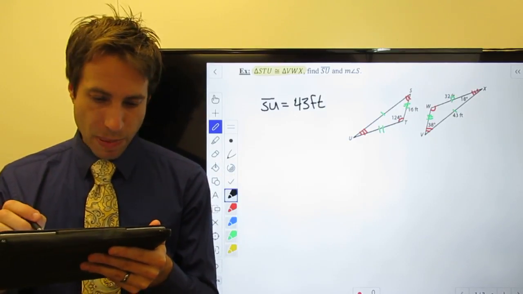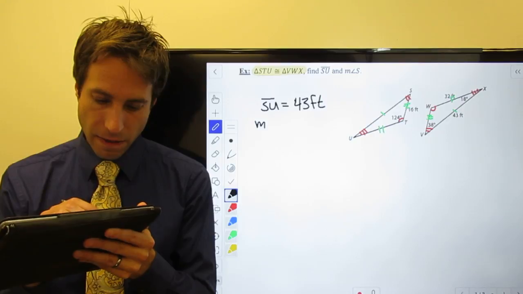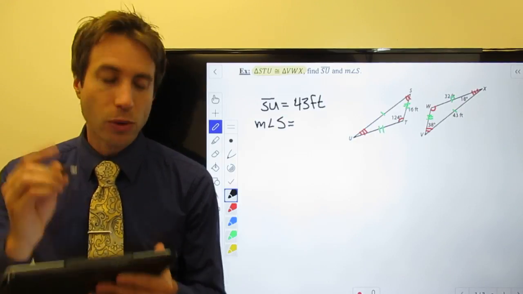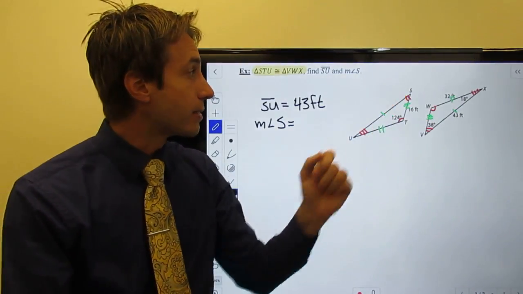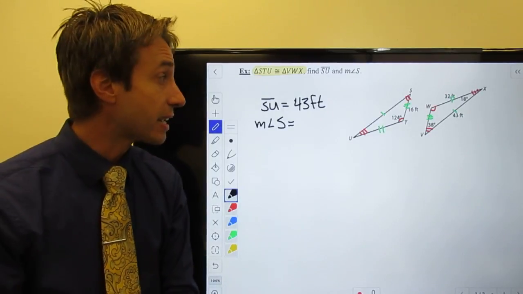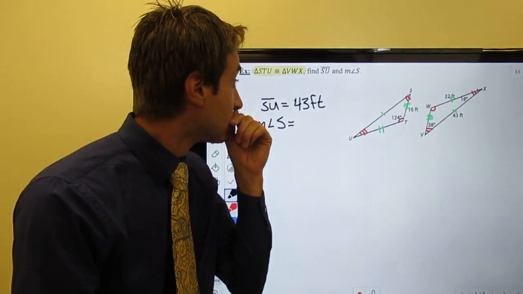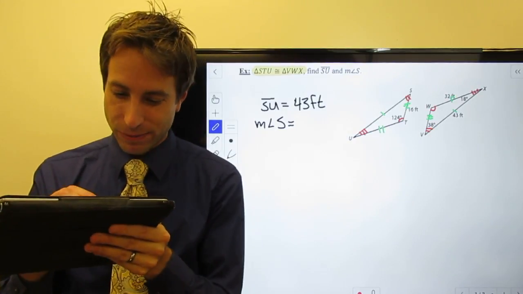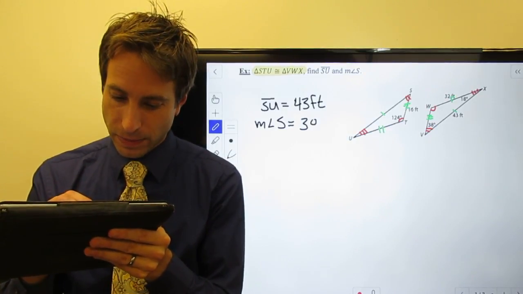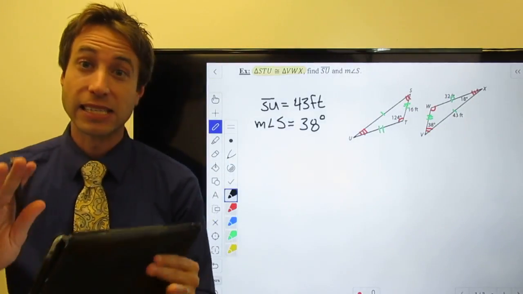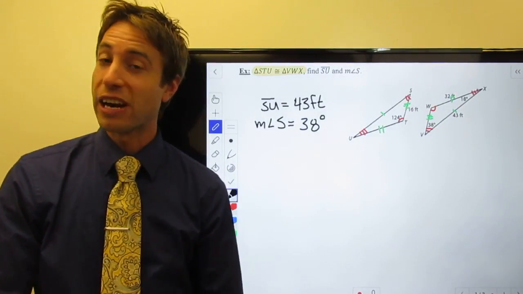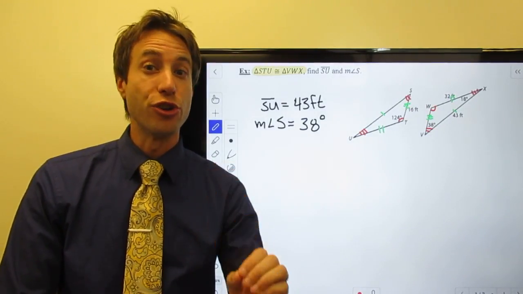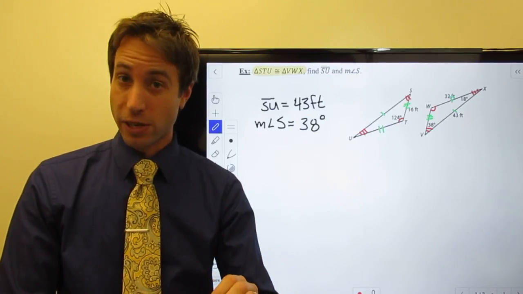Boom. How about the measure of angle S? We can do that. There's S right there. What is its corresponding angle? That one, V. Oh, and look at that. I give you the measure of V. So you now know the measure of S. Right, guys? Couldn't be easier, and it all depends on our new definition of congruence, right?